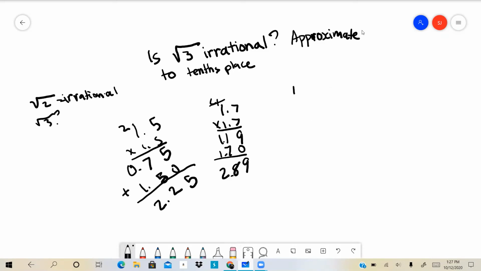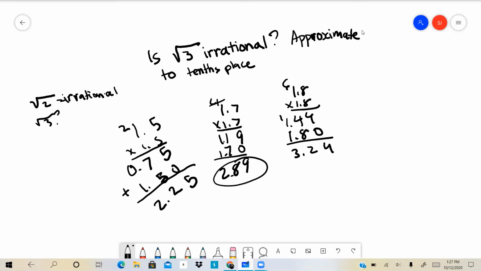So 1.8 times 1.8 gives 3.24. So we know that 2.89 is closer than 3.24. So this is approximately 1.7.